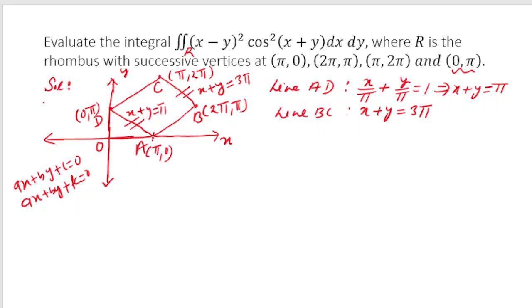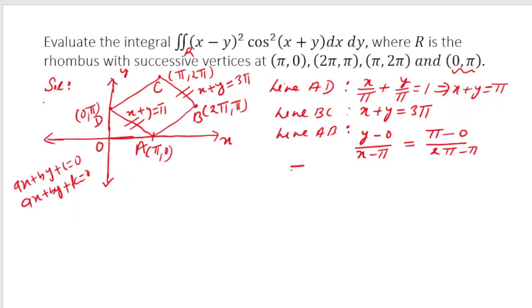Now if I ask you what is the equation of the line AB, so line AB, this I am talking about. So this is x plus y equals pi, this is x plus y equals 3 pi. The equation of the line AB can be written as what? I can consider the 2-point form. So 2-point form means y minus y1, so y minus 0, if I call this x1, y1, by x minus x1, so that is x minus pi, is equal to y2 minus y1, that is pi minus 0, by x2 minus x1, that is 2 pi minus pi.